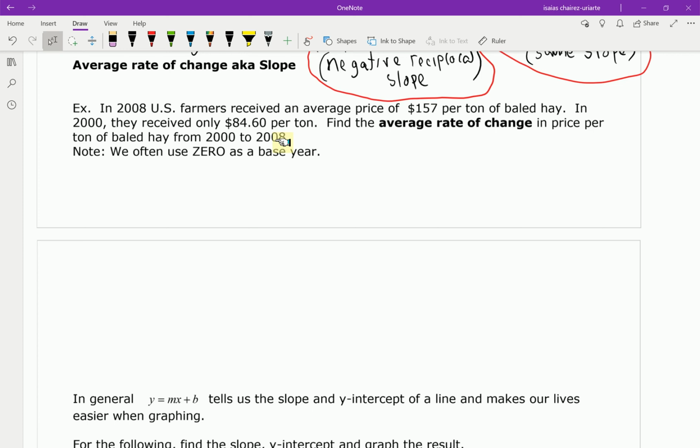Okay, so let's find this average rate of change. Note that they give us this little hint here. We often use 0 as a base year. So right now what I'm going to do is consider the year 2000 as the base year.